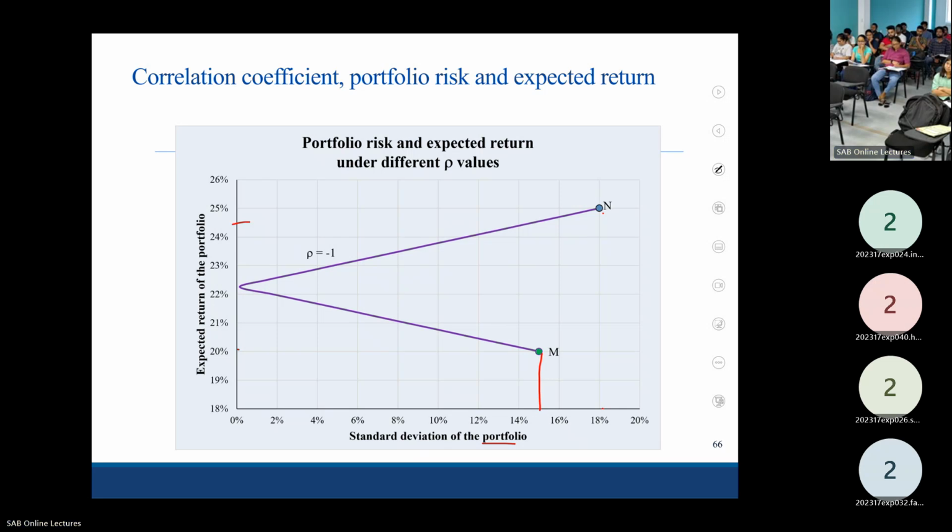Right? If you construct a portfolio combining N and M, assuming the correlation coefficient is -1, perfectly negative, and change the weights, different weights, 60, 40, 10, 90, 50, 50, so different weights, you can see the risk of the stock N can be decreased like this.